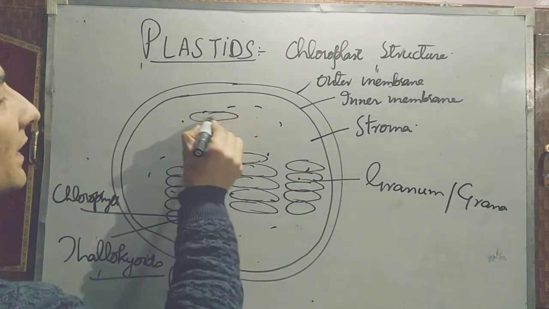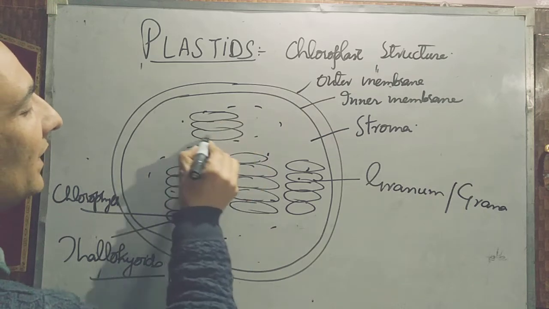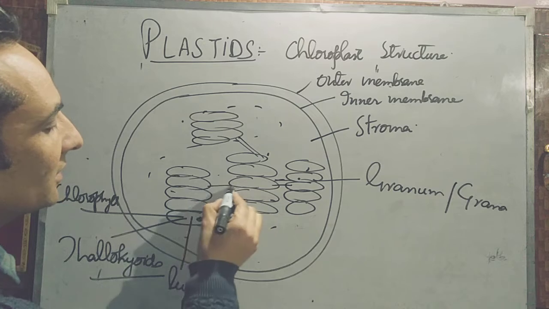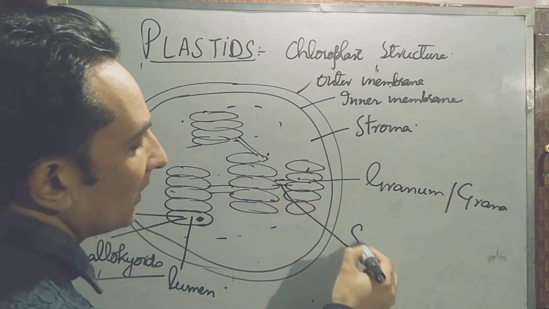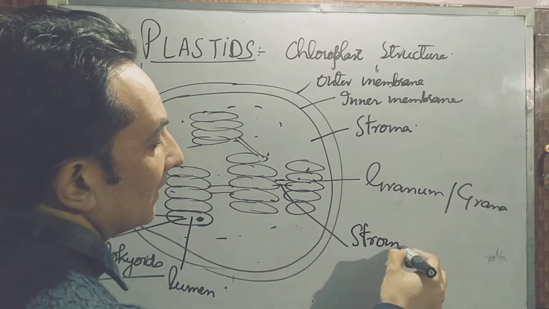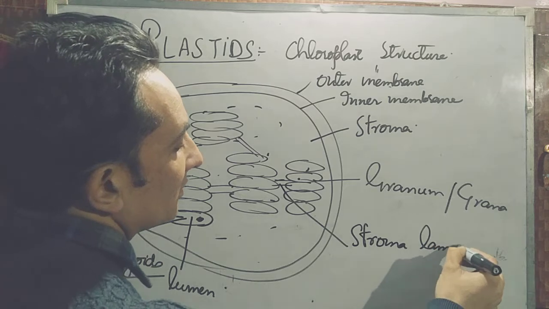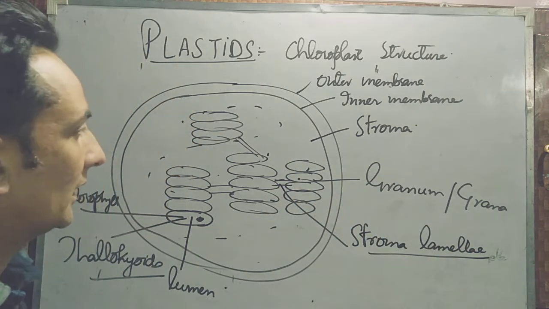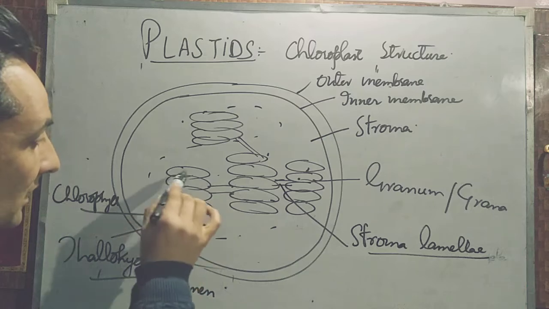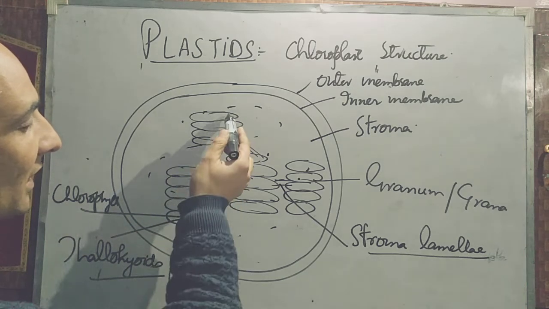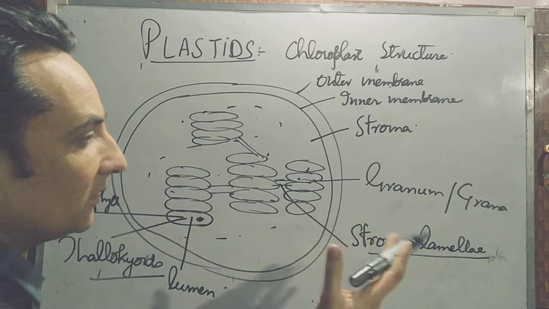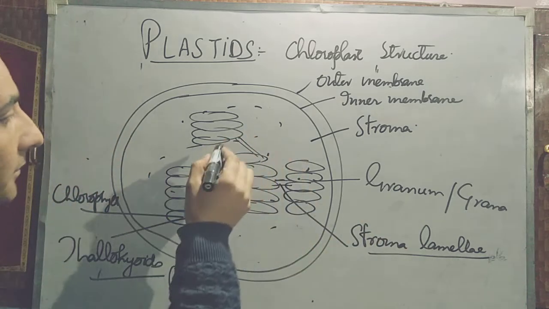Neighboring grana are connected to one another by structures known as stroma lamellae. There are many grana, and they are connected with one another by stroma lamellae.